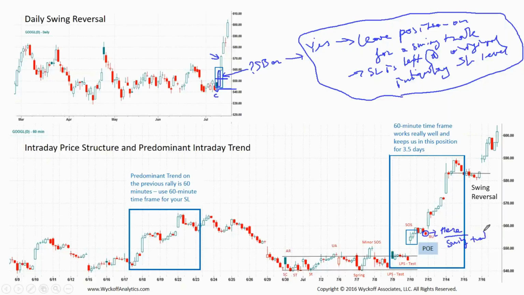But we still understand that probably we should have the stop loss on some kind of intraday basis, right? So we want a quick swing and out. So we would have to look at the previous instance where the price was going up. So I'm identifying the previous rally.